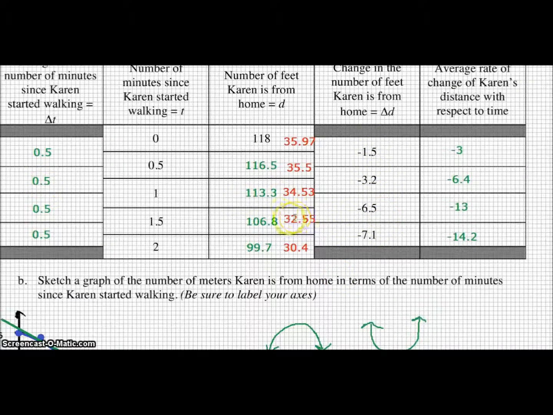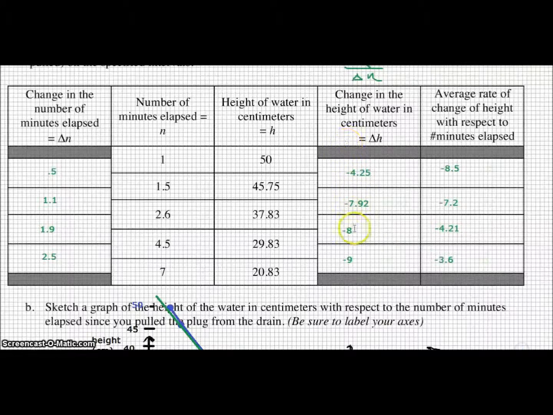But here we had a fixed change in time, and so really we could just look at the change in heights and see, since they're decreasing, we know that that average rate must be decreasing also. But here, even though these changes in height are decreasing, we didn't have the same change in time, and so this didn't really tell us too much. We had to go to the average rate of change to really see what was happening, that the average rate of change is actually increasing.